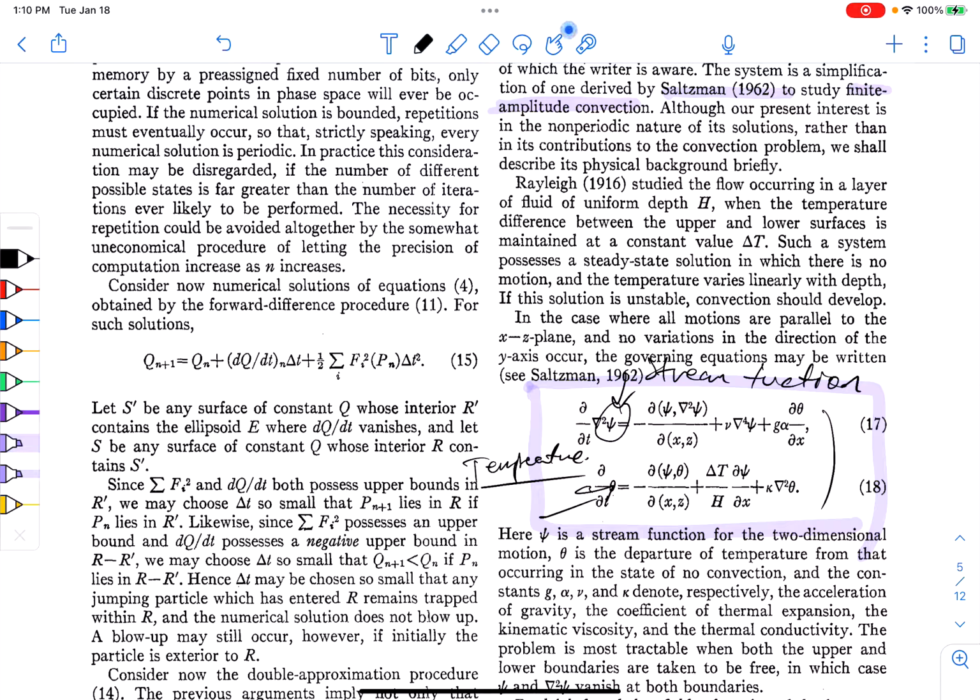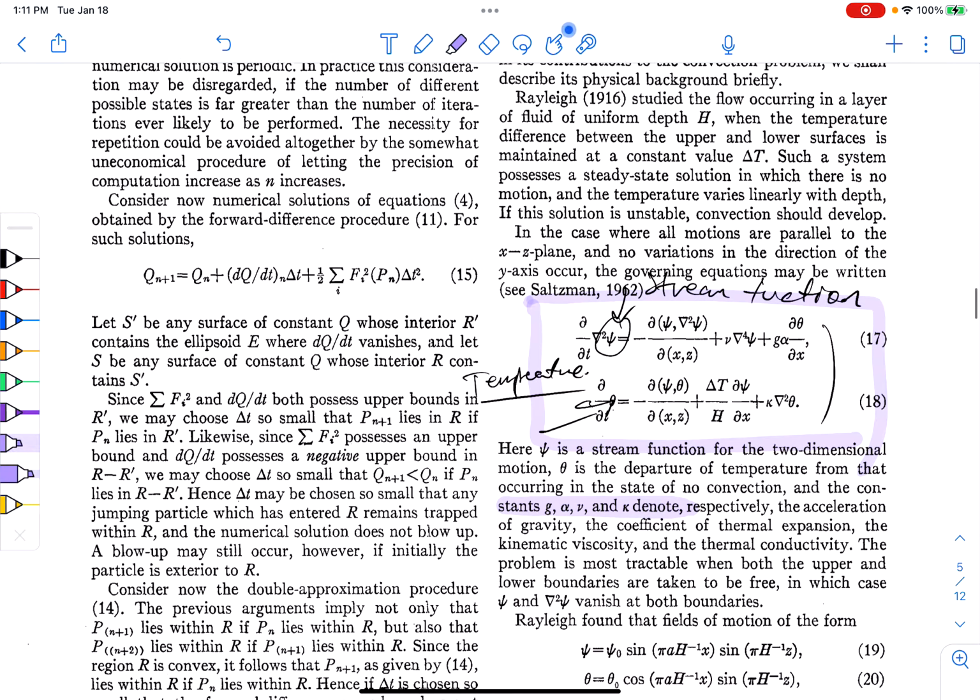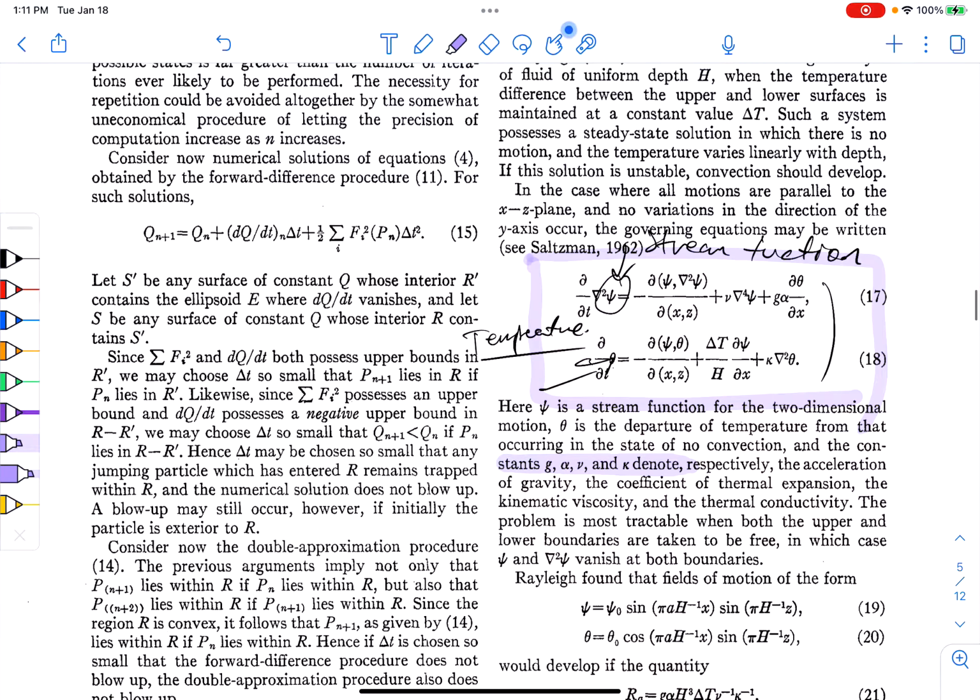All these constants are defined right here, where you have gravity, viscosity, and coefficients like that. You can recover the velocity variables from the stream function, right? u equals partial psi partial y, and v equals negative partial psi partial x, from continuity. Boy, I need to get more sleep maybe. Anyway, it is a long class.